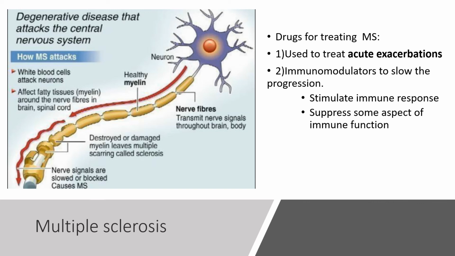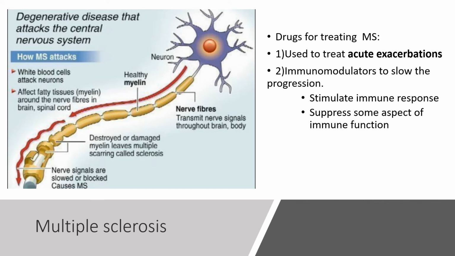For someone who presents with an acute flare-up of multiple sclerosis, such as return of their blurry vision or return of bladder incontinence, we can use very high doses of corticosteroids intravenously, typically for 3 days.